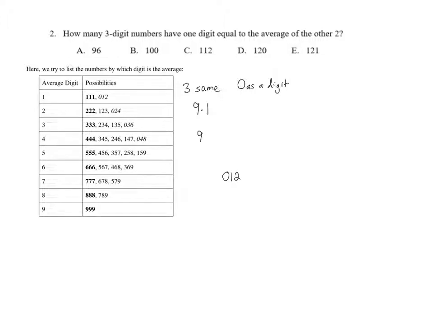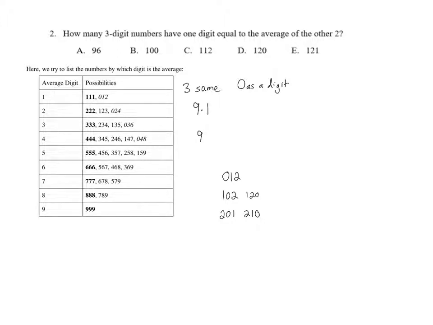If we're looking at 3-digit numbers, the first digit has to be either a 1 or a 2. If the first digit's a 1, we've got 102 or 120. If the first digit's a 2, we have 201 or 210. So there are 4 possibilities there, and the same is going to be true for all the other ones where they have a digit that's 0.